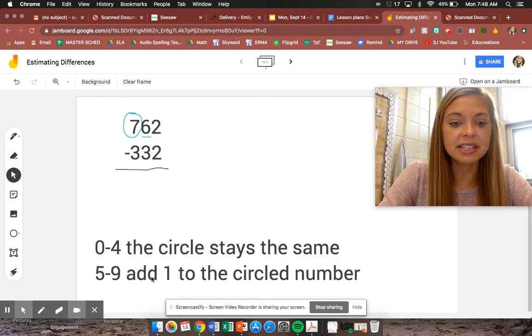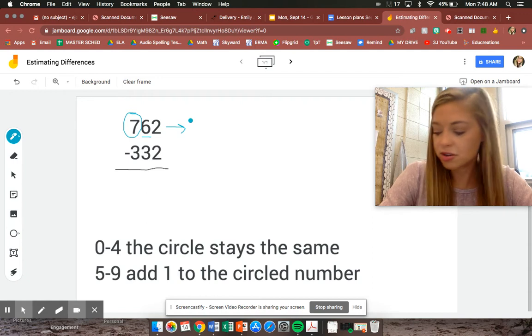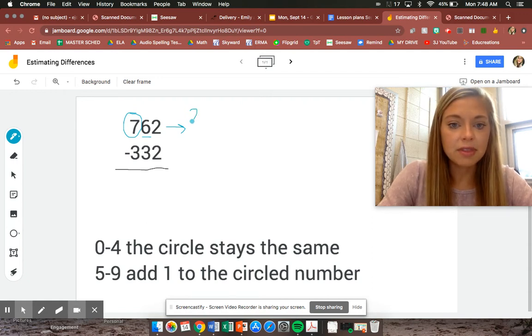Okay, so that means that we add 1 to the circled number. So we're adding 1 to this number here. So that's going to change to an 8. So I'm just going to draw a little arrow. And you should be writing on the paper with me. So that's going to change to 8. And then if you remember, all of the other numbers turn to 0. So that's going to turn to 800.